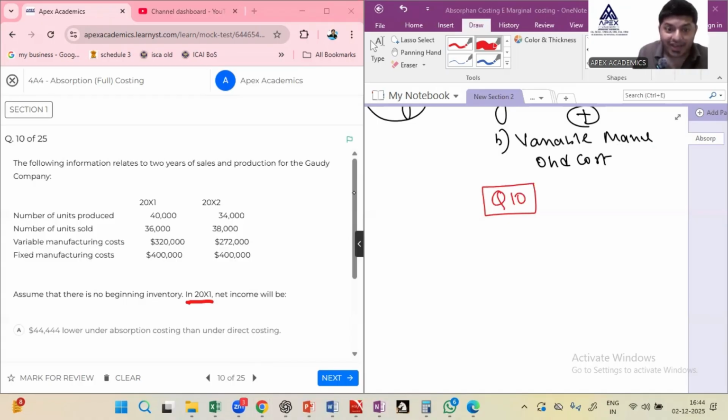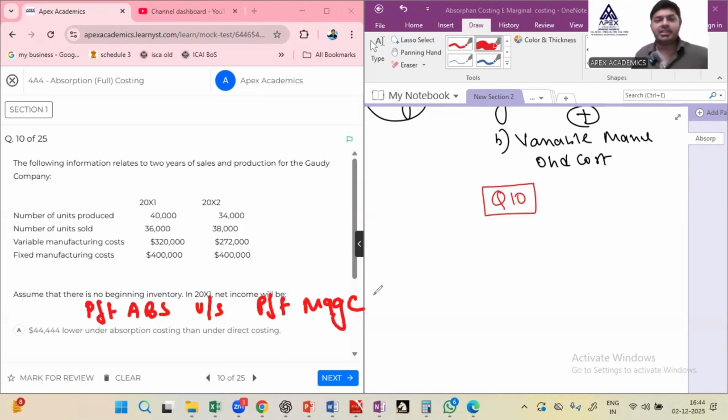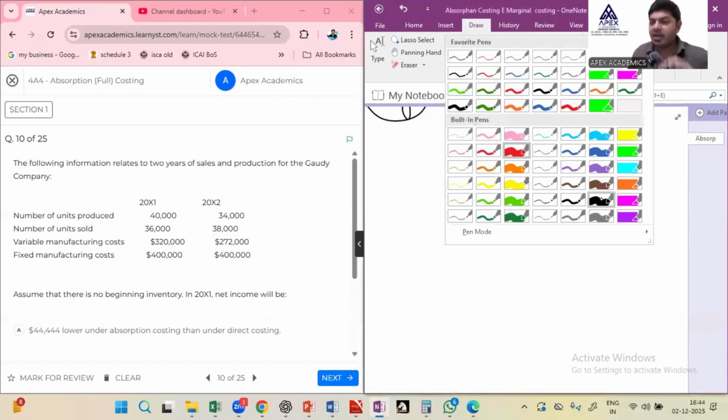So basically, if I see these options, these options are such that they are comparing profit under absorption versus your profit under your marginal costing. This is what this question is all about. So basically, if I'm going to be dealing with this particular aspect, I need to have one concept very, very clear in my mind. And what is that concept?